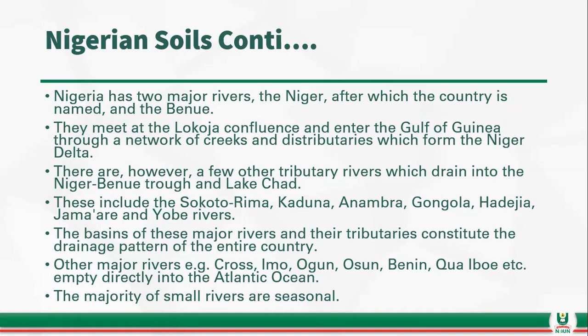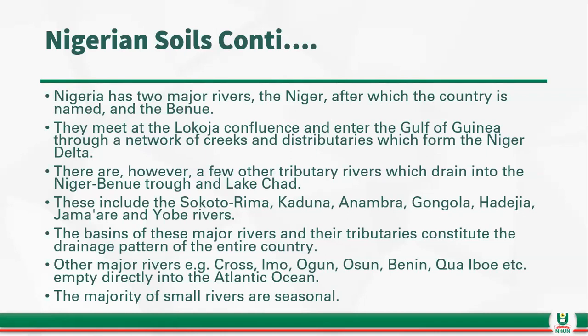Now, Nigeria has two major rivers. We have the Niger River, after which the country is named. We also have the Benue River. These two rivers meet at the Lokoja confluence and enter the Gulf of Guinea through a network of creeks and tributaries, which form the Niger Delta.